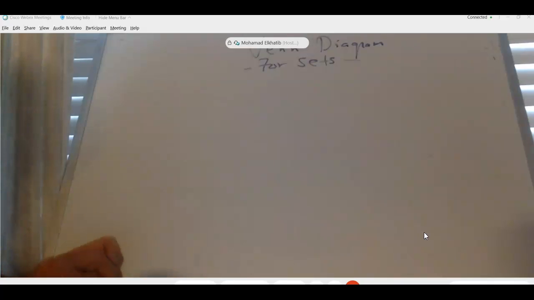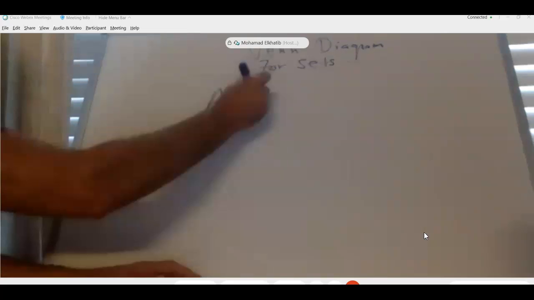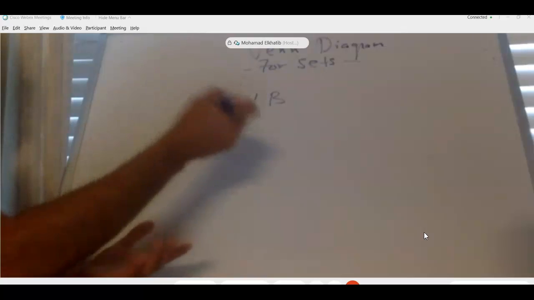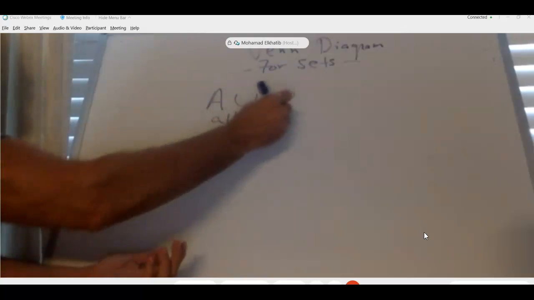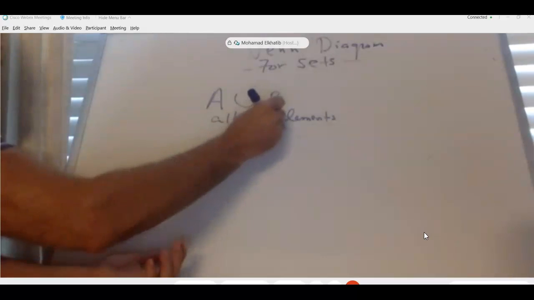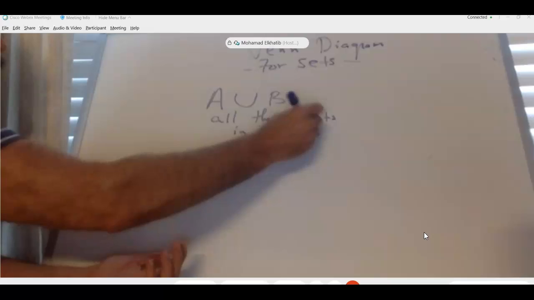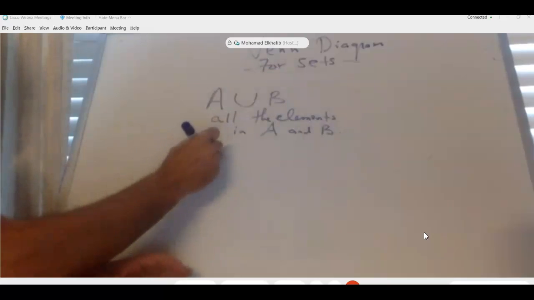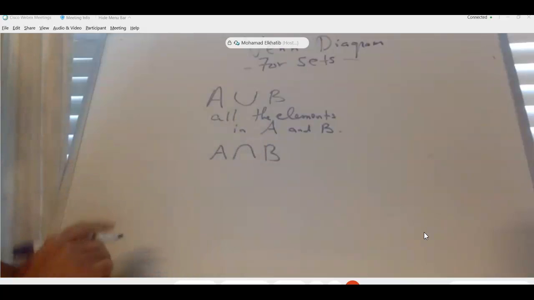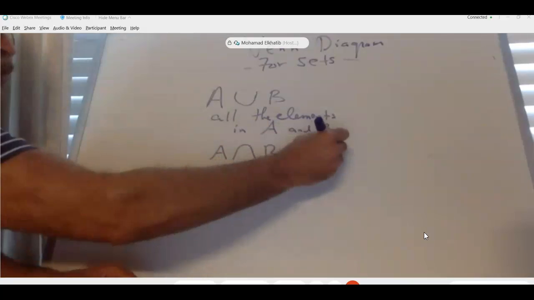All right, first of all, let's review what we learned on Monday. What do we mean by set A union B? That means all the elements in A and B, but you don't repeat the same one. If I ask what is A intersection B, that means what's common between them.